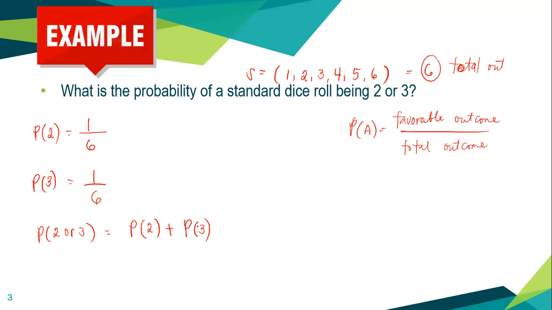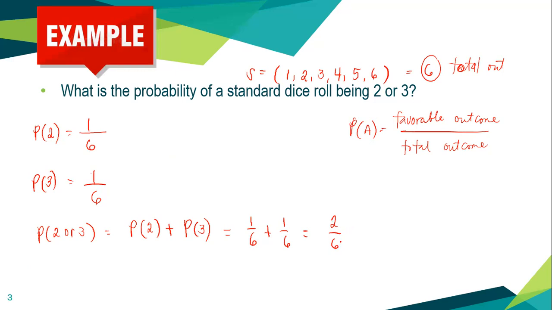Tama? Since they are mutually exclusive, pag-a-addin lang natin yung probability nilang dalawa. And that give us 1 over 6 plus 1 over 6. That is equal to 2 over 6. Tama ba? But then in engineering data analysis, especially during our quizzes and exam, make sure that your final answer must always be in lowest form.